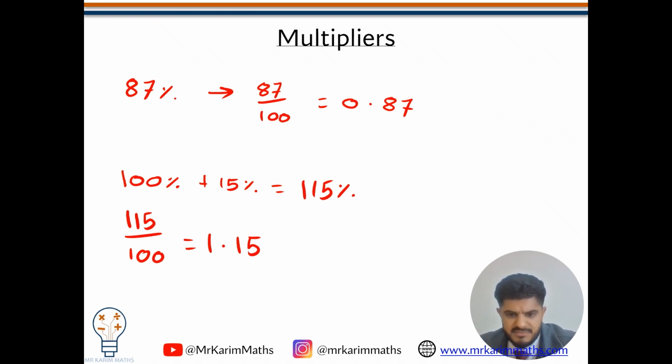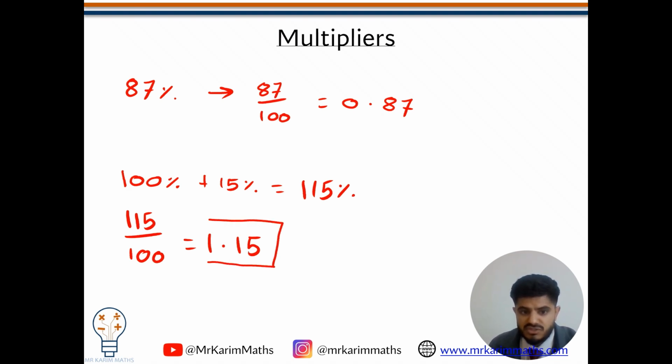When you multiply something by a number bigger than 1, the number's going to get larger. Makes perfect sense, right? So if a 15% increase is 115%, the multiplier is 1.15. And because it's above 1, the number's going to get larger. So this is the number we're going to use to multiply our original by, and automatically it will increase it by 15%.